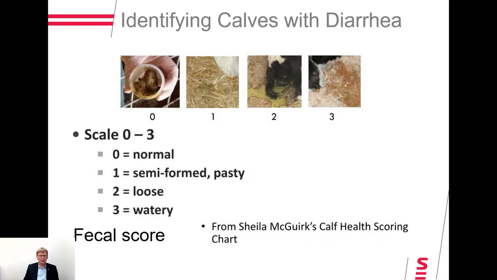This chart is borrowed from Sheila McGurk, who is a real guru when it comes to calf health and neonatal diseases. And she has devised a very nice app specifically for iPhones. So if you're interested in it, please Google Sheila McGurk and try to find her app.